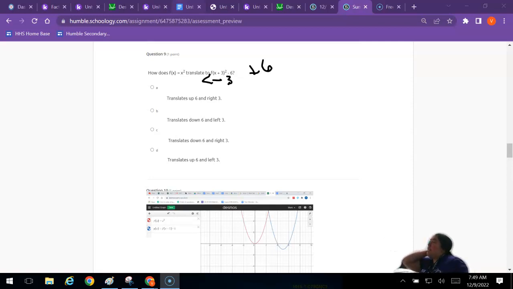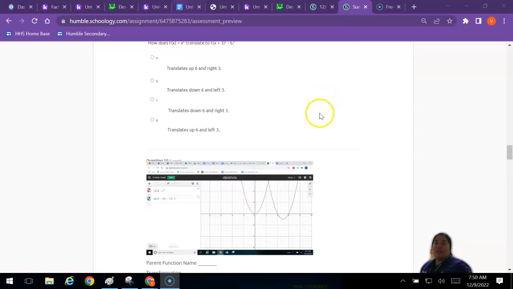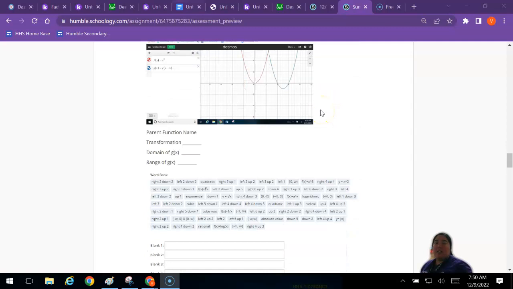Yeah. And that chart goes the same for everything. If it's squared, if it's cubed, if you have a square root, it's the same thing all over. So if it's in like the H position right here, then it moves left to right. If it's in the K position, it moves up and down. But X's are what? Liars. They lie. No good liars.